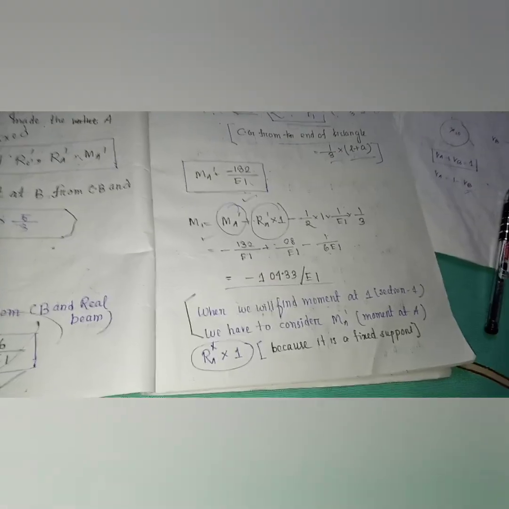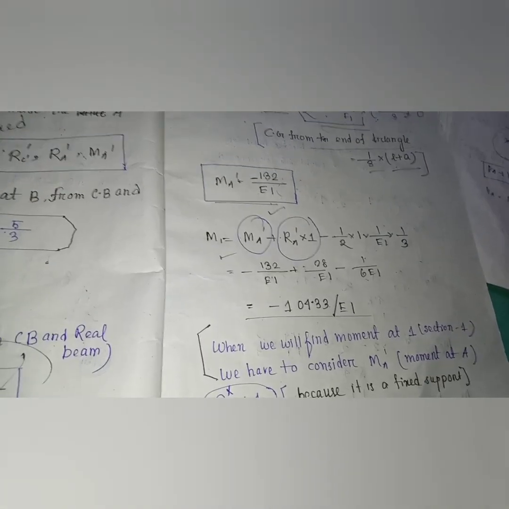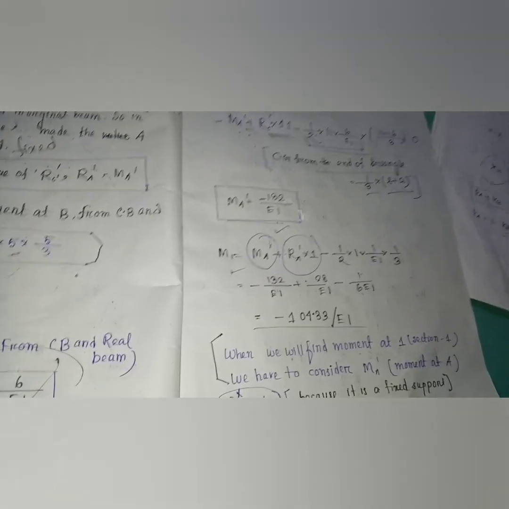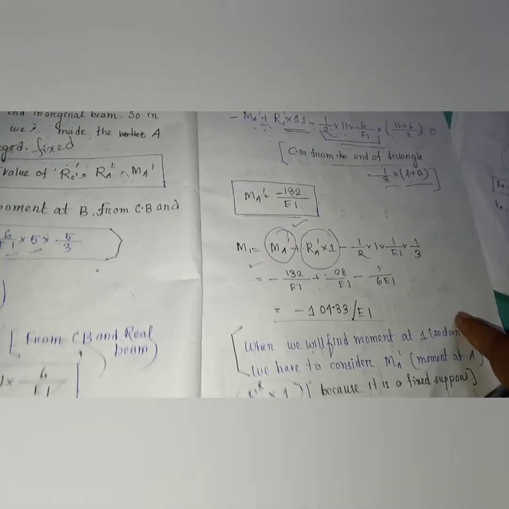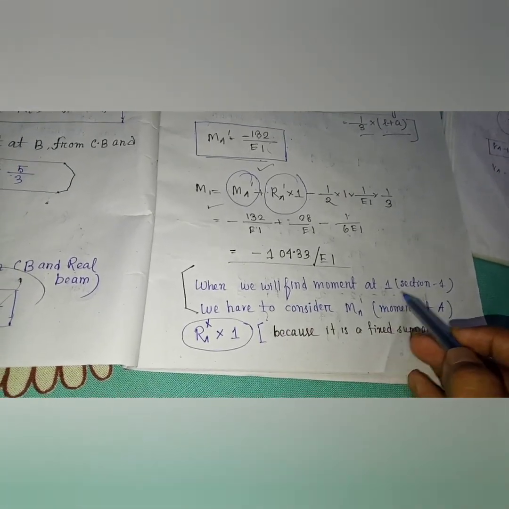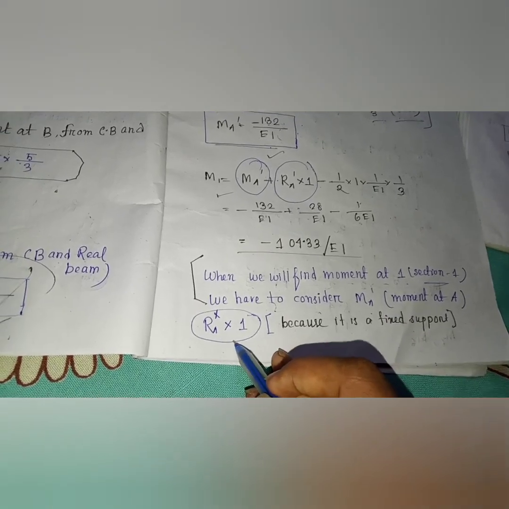Now the question is why we shall consider these values. It is a prime difference between the propped cantilever case and the continuous indeterminate structure, as I have discussed earlier. Because now just see, when we find the moment at section 1, we have to consider the values of MA prime and RA into 1, because it is a fixed support, right?